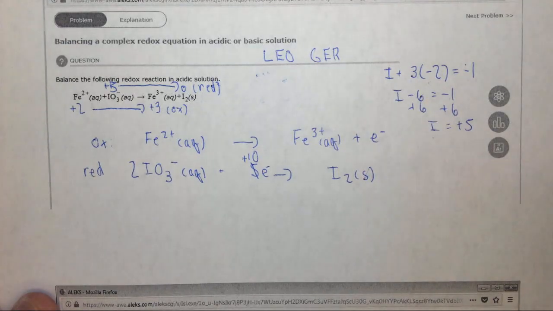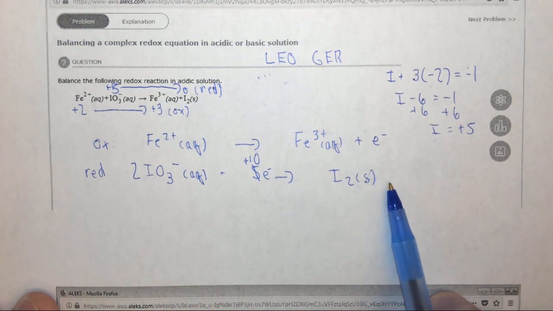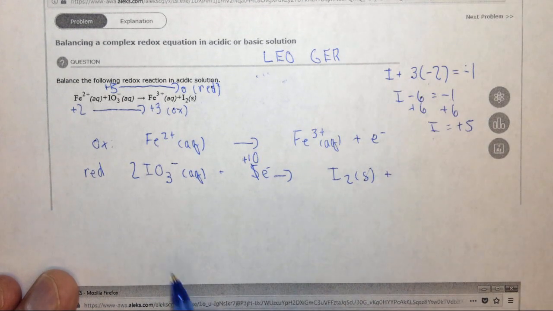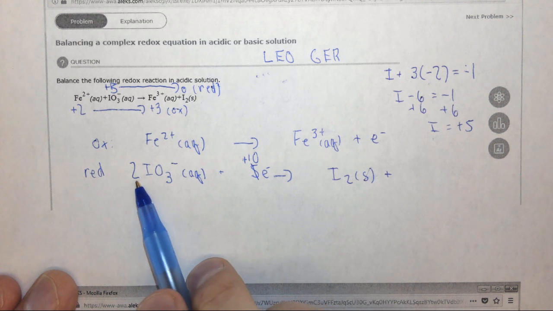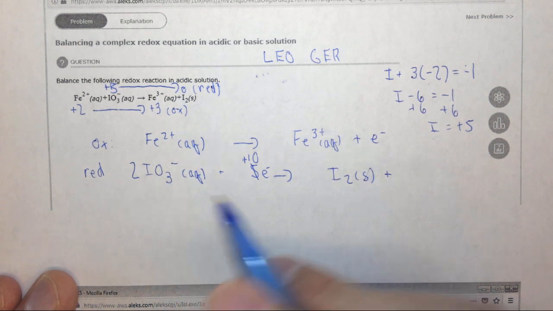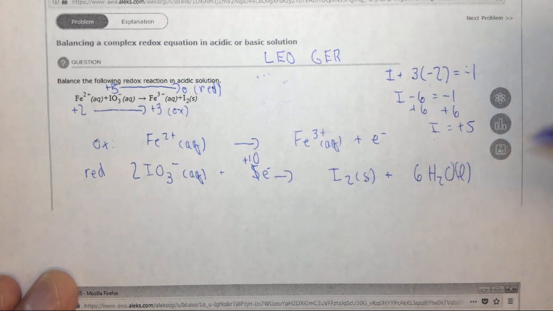We also need to consider one other thing. There are oxygens on this side, but no oxygens on this side. But because this is happening in an aqueous solution, we need to add 6 oxygens in the form of water. So we have 2 times 3, which is 6 oxygens. So we need to add 6 H2O liquid to this side.